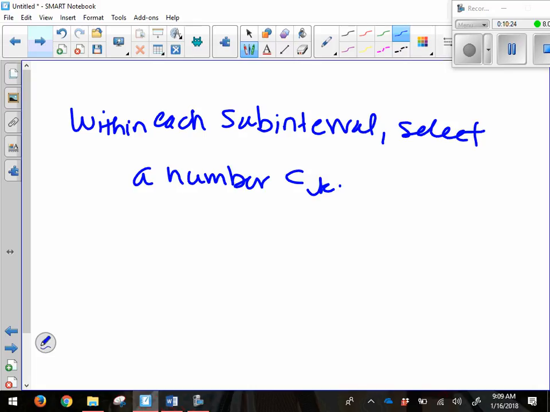It's another stepping stone. You may very well be asked, on the AP exam, to do a Riemann sum. However, when we actually get there, it's probably going to look different than what we're doing right now.